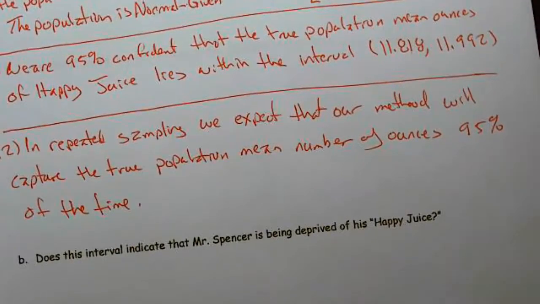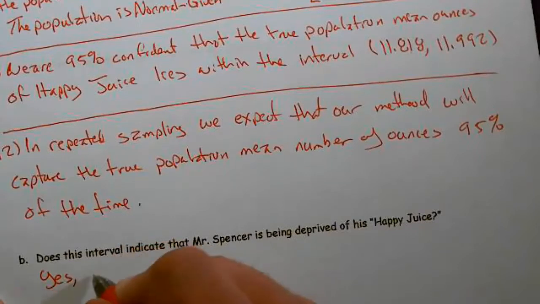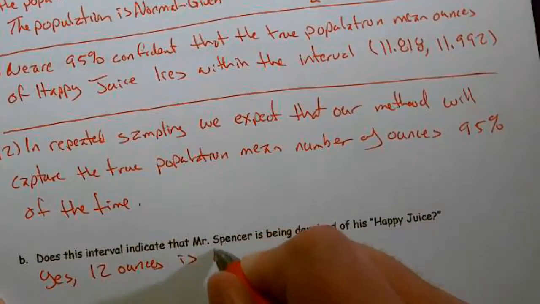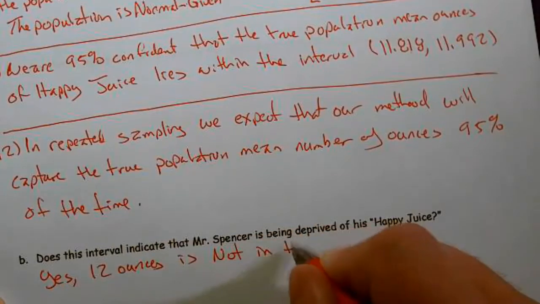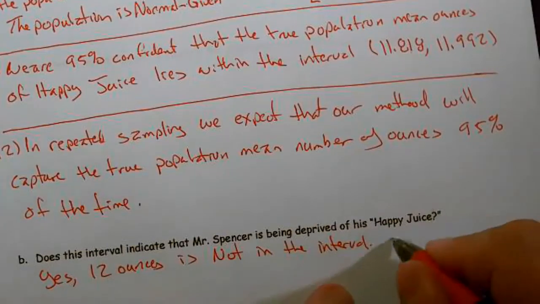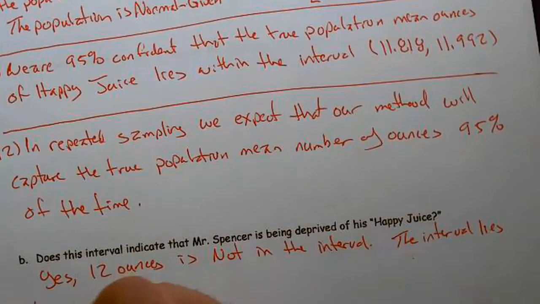Part B, does this interval indicate that Mr. Spencer is being deprived of his happy juice? And the answer is yes. 12 ounces is not in the interval. The interval lies below 12 ounces.